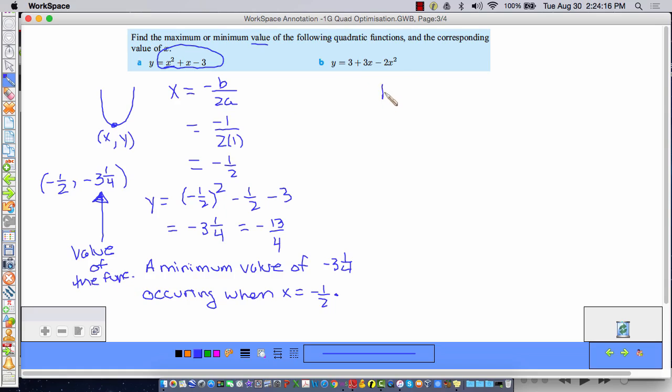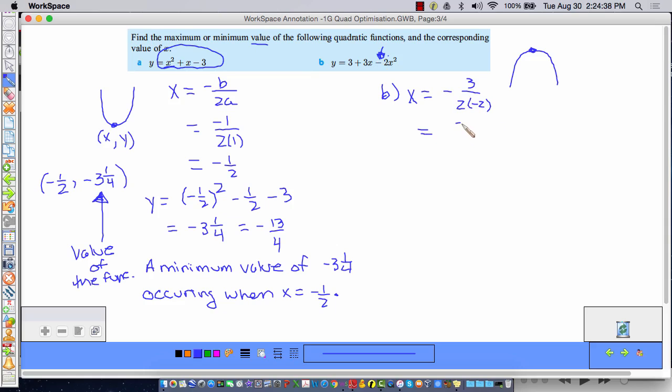Let's try it for b over here. It's opening downward because of the negative leading coefficient. So that means we'll have a max. So we're going to say x equals negative b, and b in this case is 3, over 2 times a. So that's 2 times negative 2.